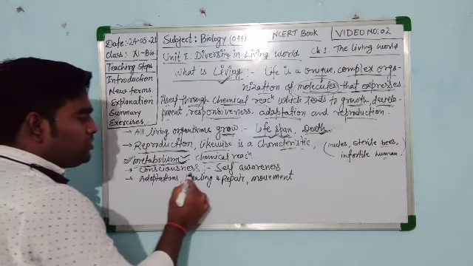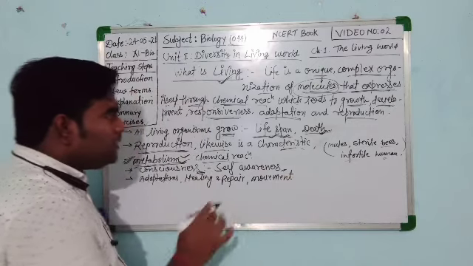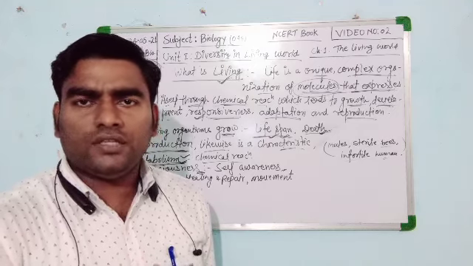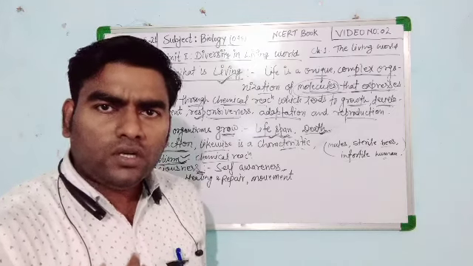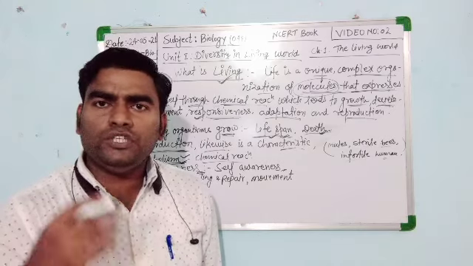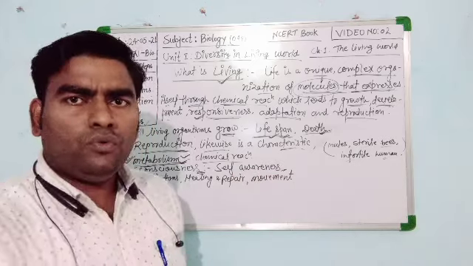Then consciousness. Consciousness means self-awareness. An organism having responsiveness has self-awareness. They are aware of what they do, what to see, what to speak, and whom they want to meet.